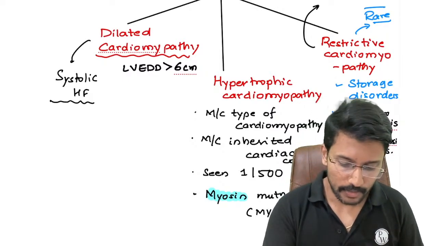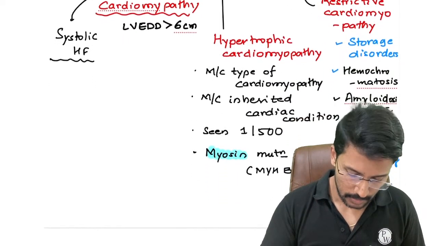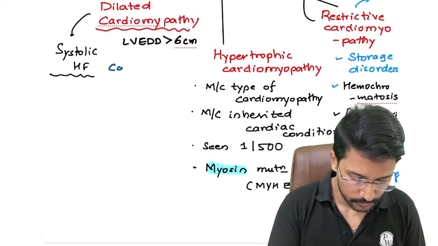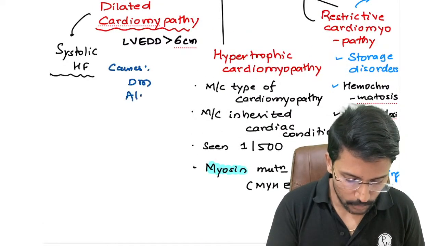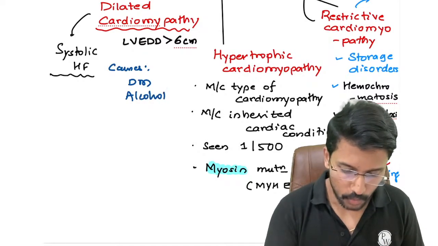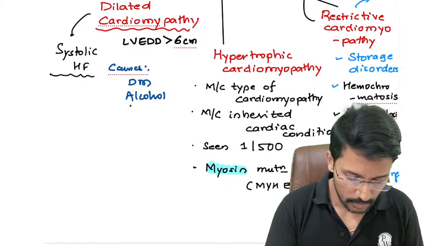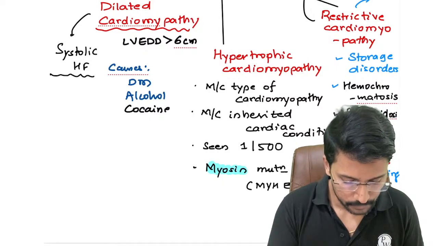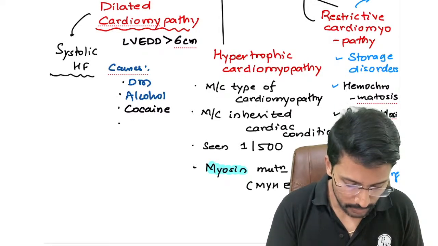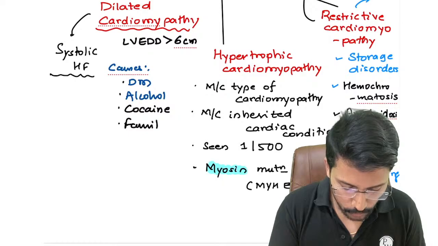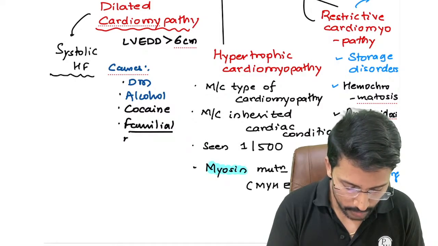Okay. So what all can cause this dilated cardiomyopathy? It can be caused by diabetes mellitus, alcohol. Alcohol is the most common toxin responsible for dilated cardiomyopathy. It can be caused by cocaine. It can be familial. The familial form is generally due to mutation in a gene called titin.